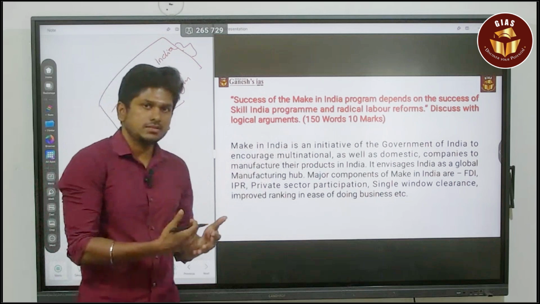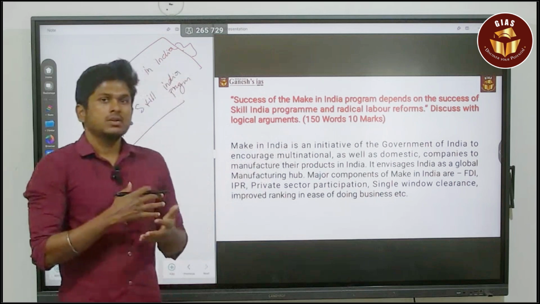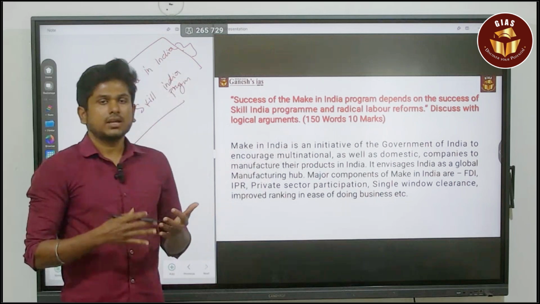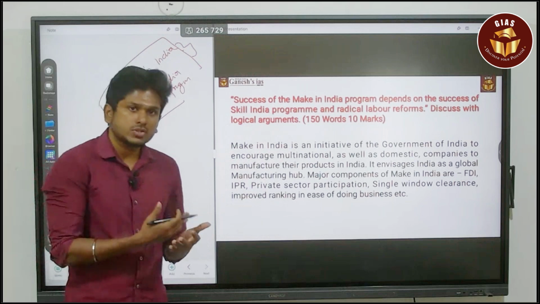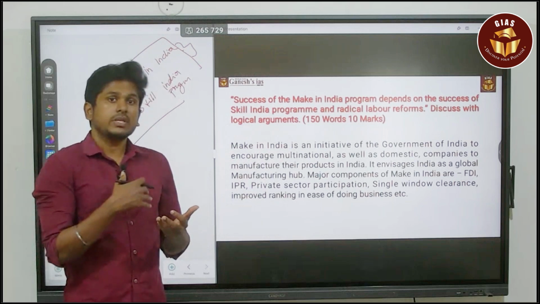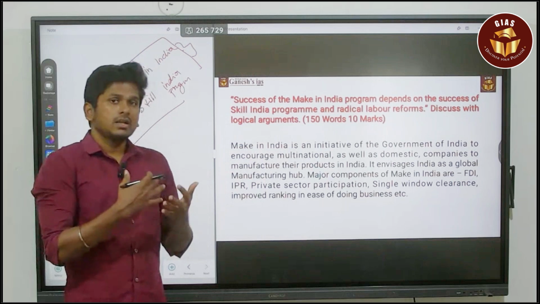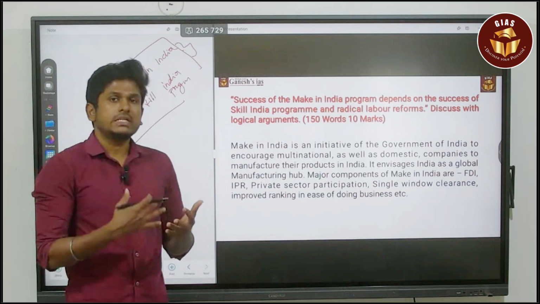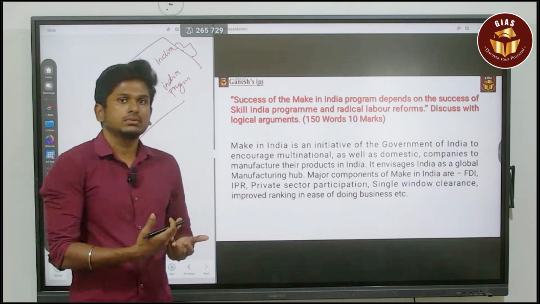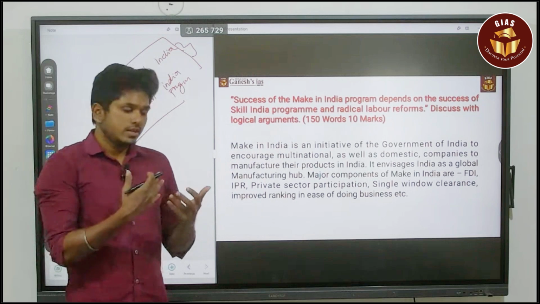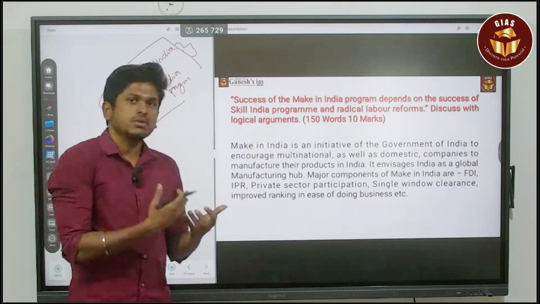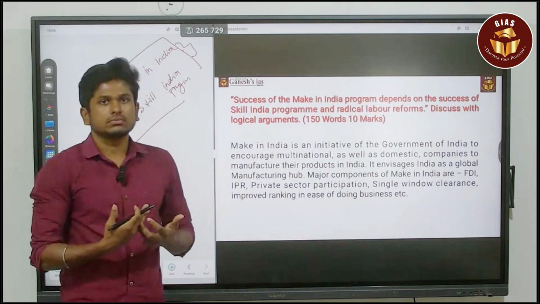Why are we saying this? India has a huge landscape, different kinds of natural resources and energy resources, and also a huge and diverse population. We can easily use that diverse population to produce any goods.